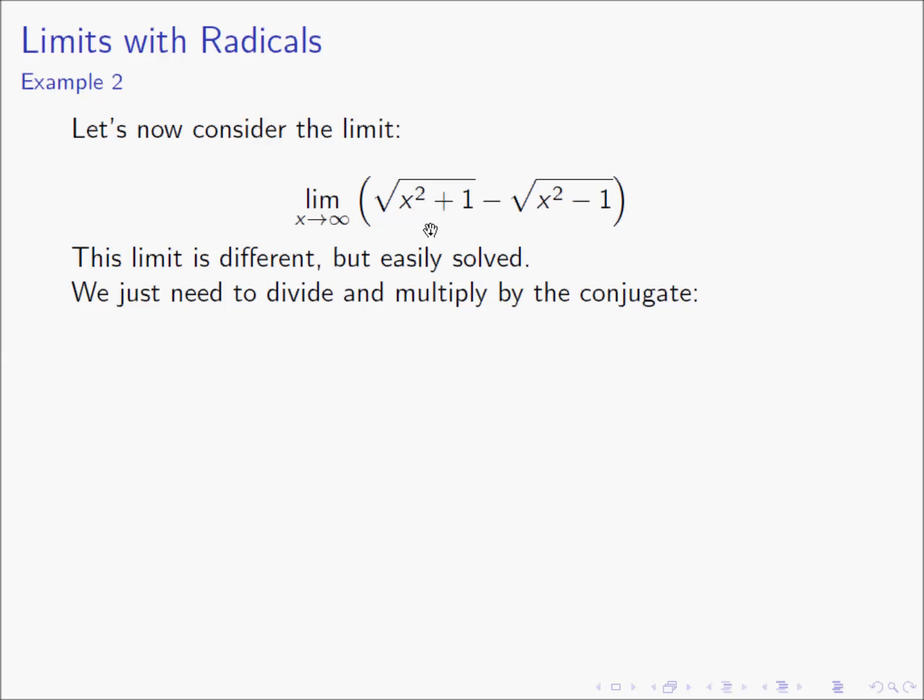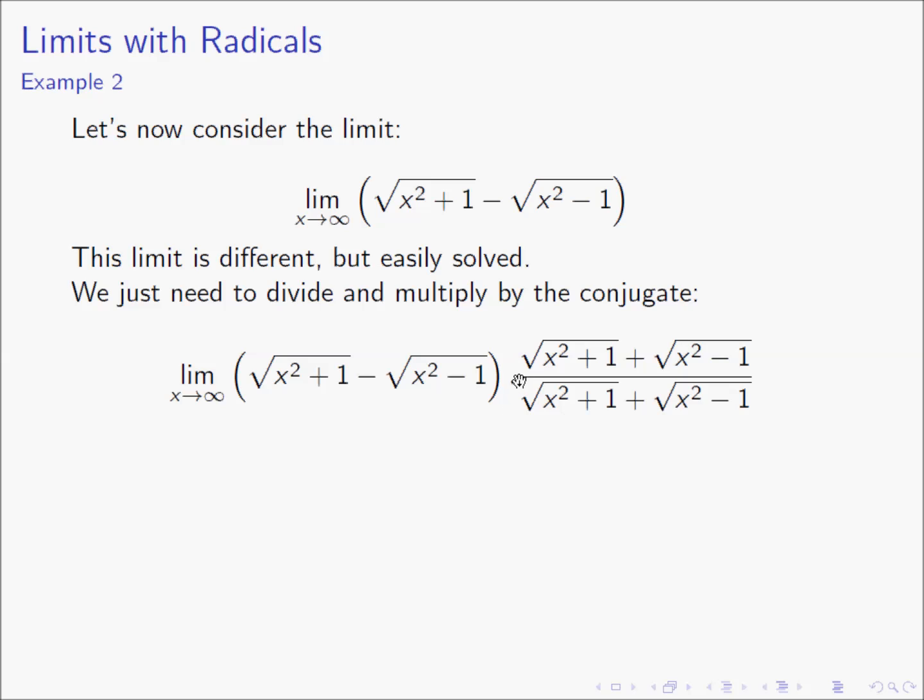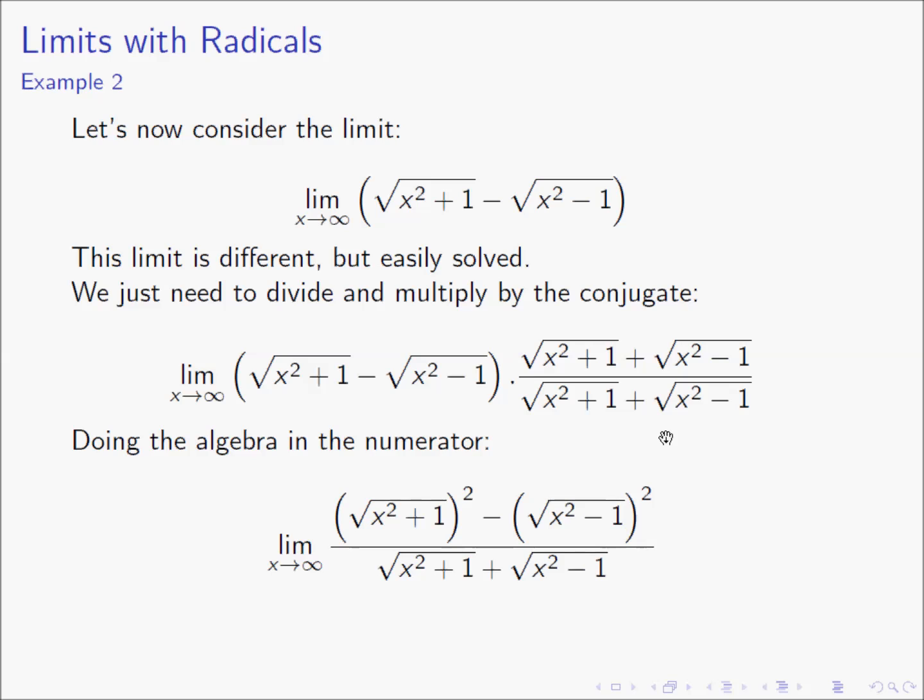What is the conjugate of this expression? It's the same expression, but with the sign here positive instead of negative. So we multiply and divide by this expression. And doing the algebra in the numerator, you will get this difference of squares.